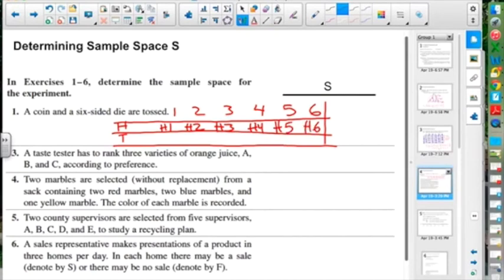Okay? That's part of our sample space. The rest of it would be a tail and a 1, a tail and a 2, a tail and a 3, 4, 5, and 6. Now we would want to list those in the braces to express it as a set, but that would be our sample space.